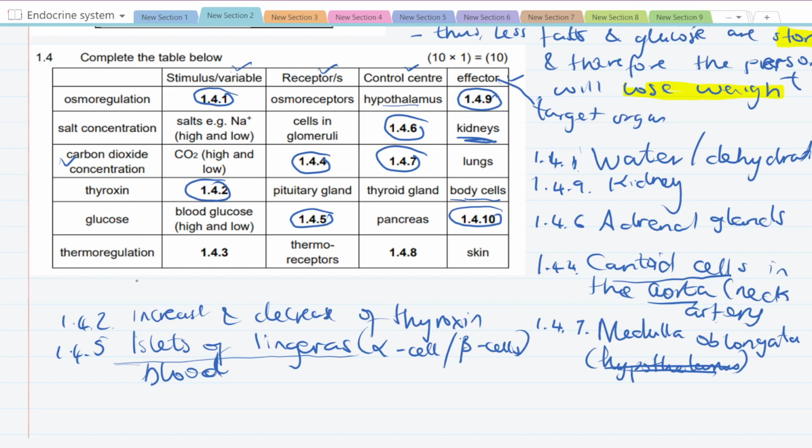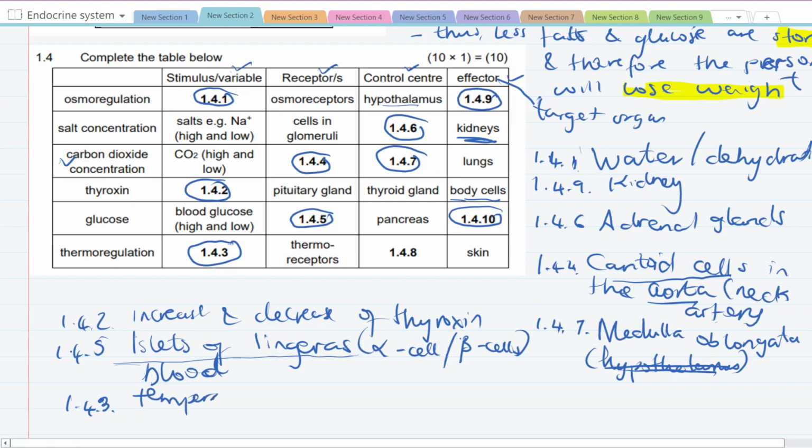And lastly, we look at thermoregulation, and this is 1.4.3. Under thermoregulation, what do we have there? What is the stimulus for this? Stimulus is the temperature. Temperature, we know, is how hot or how cold it is.